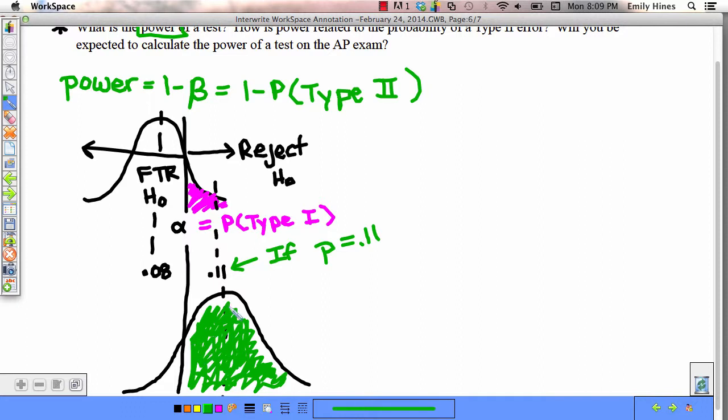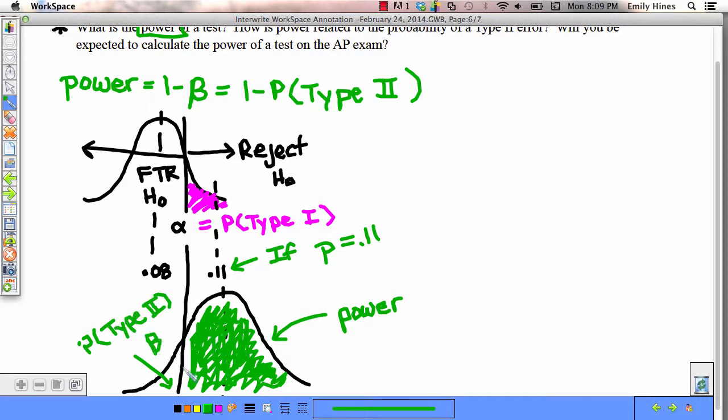And I actually would look at this probability, and this probability right here is my power. Whatever that probability is, that area under the curve. And this area over here would be my probability of a type 2 error, or my beta.